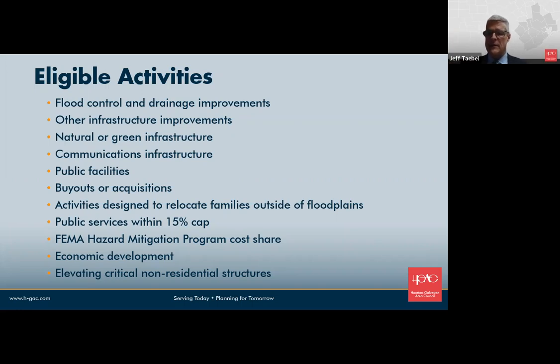They do not need to be specifically related to damage to something that happened in Hurricane Harvey. Regional councils are able to prioritize or remove items from this list, but at this time, recognizing the wide range of communities and their needs, we are proposing just to make the entire list of eligible activities eligible within our method of distribution.